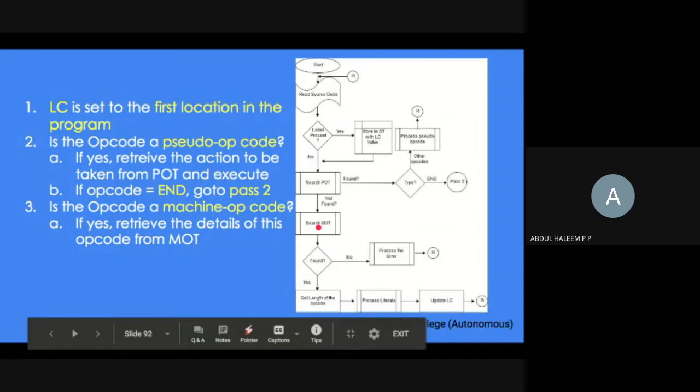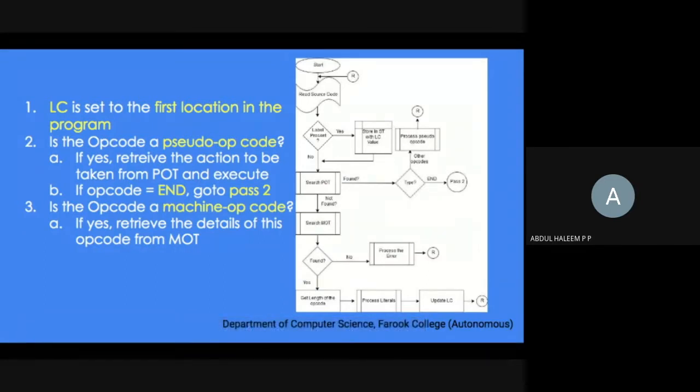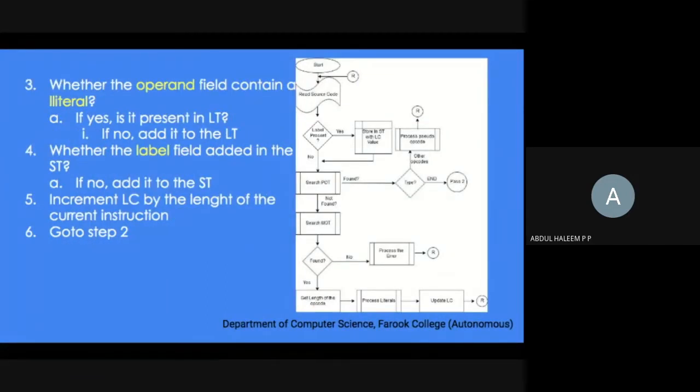If it is present in the MOT, then the details regarding each machine opcode will be retrieved. That means the binary code of the machine opcode, its length, and its instruction format will all be retrieved by the assembler and used for the later part of processing.